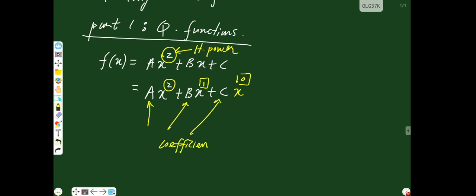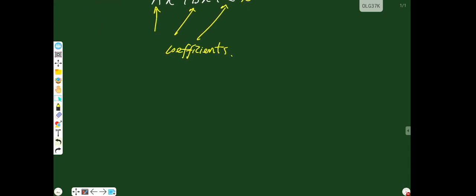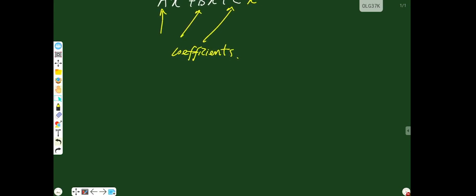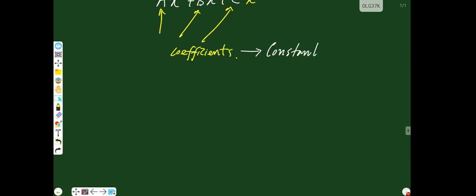So what is a coefficient? A coefficient is nothing but a constant in front of a variable.